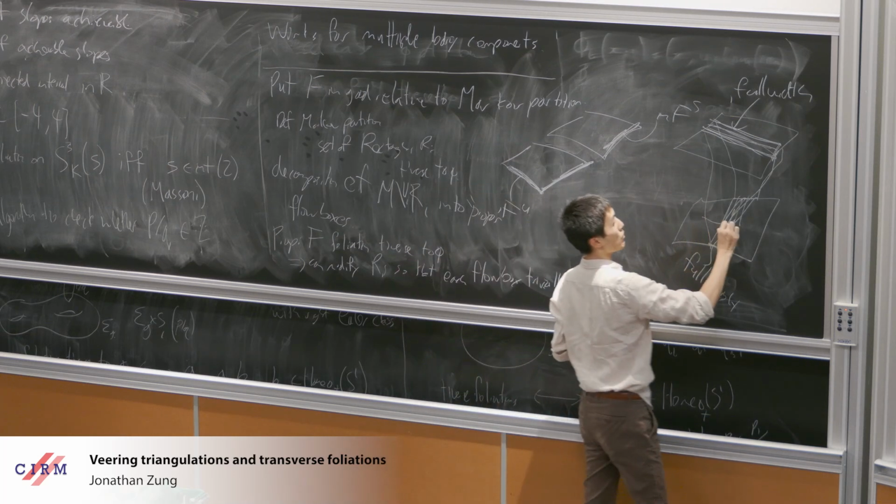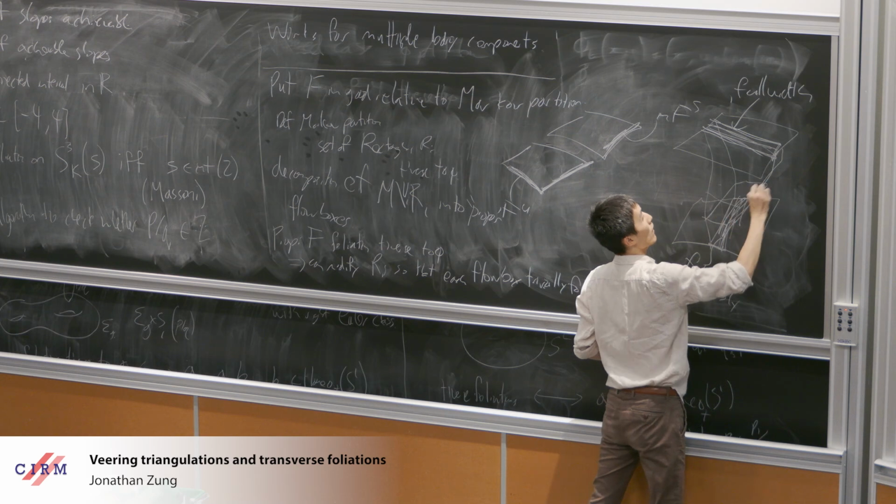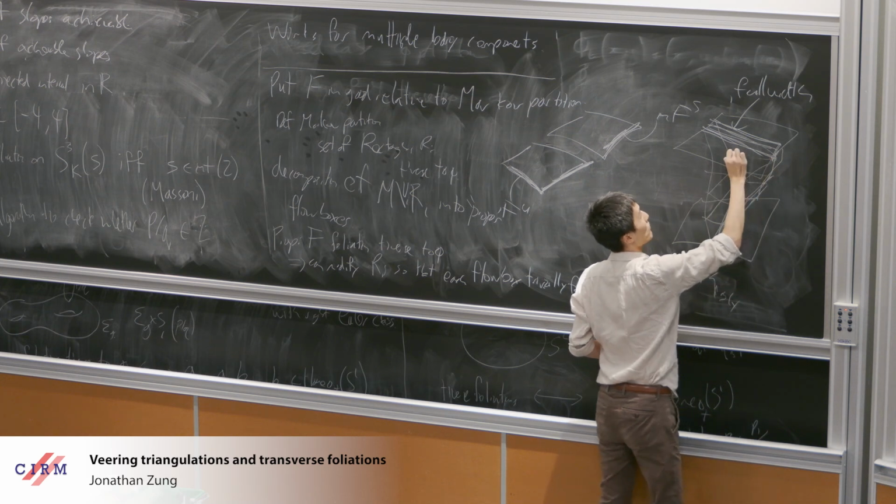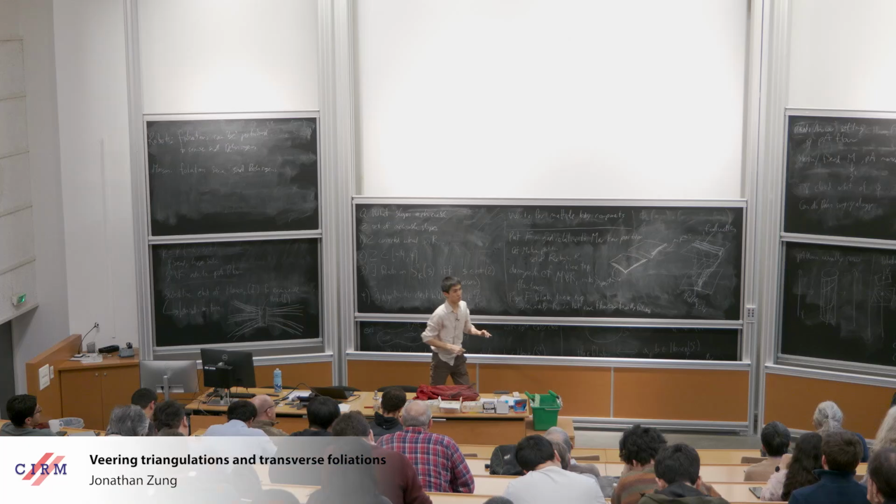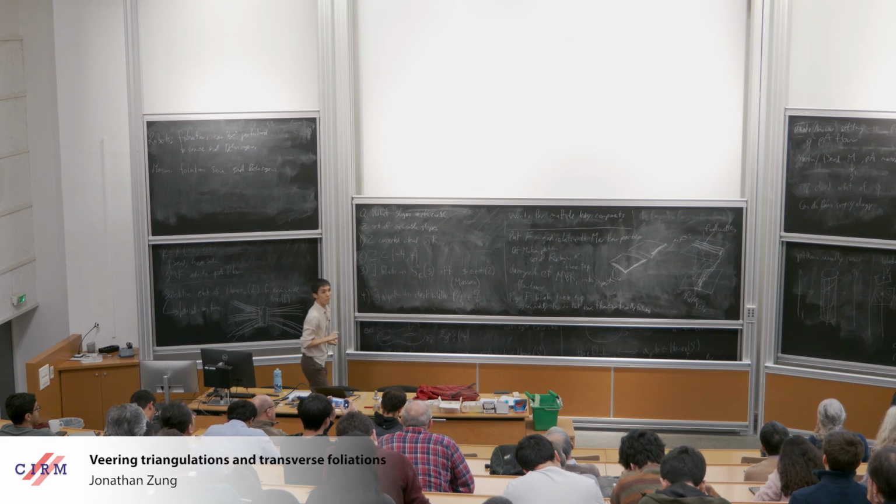Okay, so I want this flow box to just have a bunch of leaves that are all horizontal. In particular, all the rectangles should lie on leaves of the foliation.